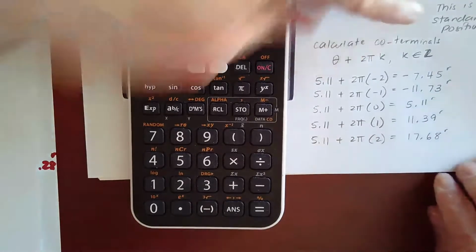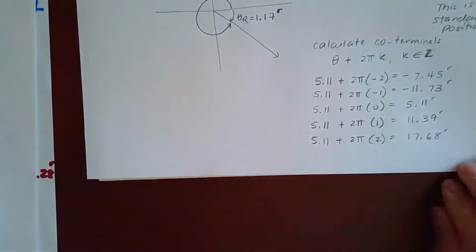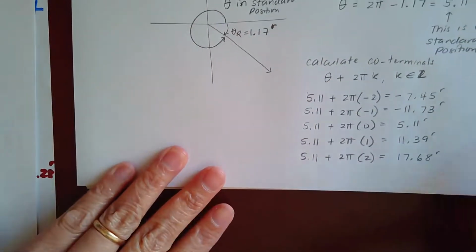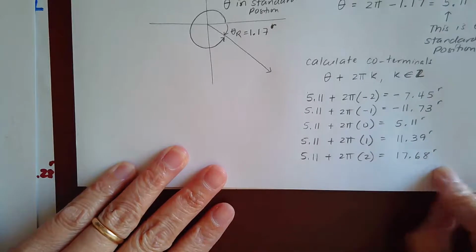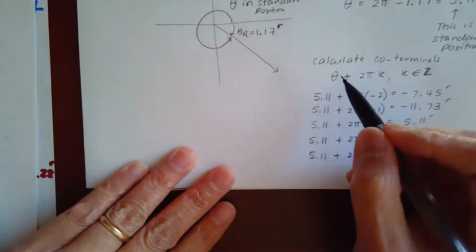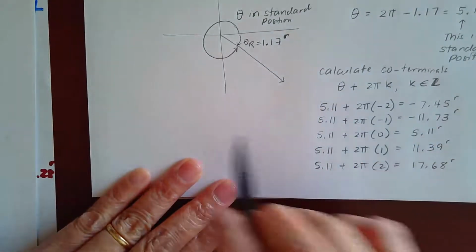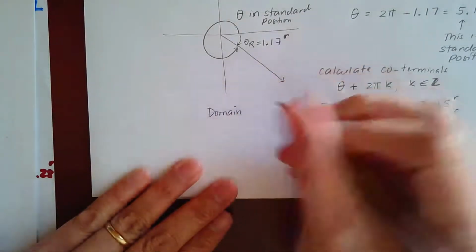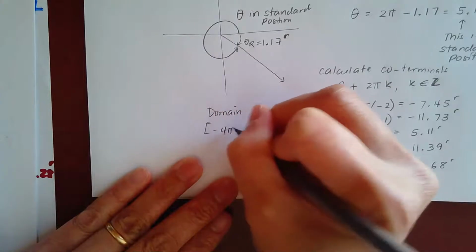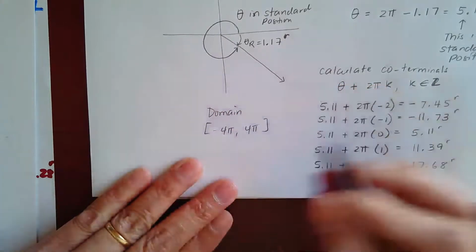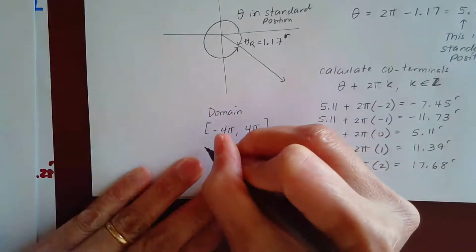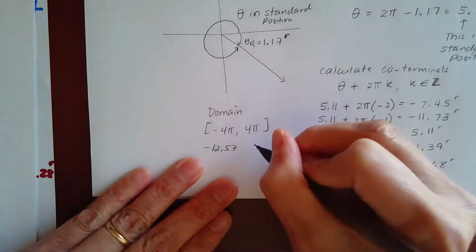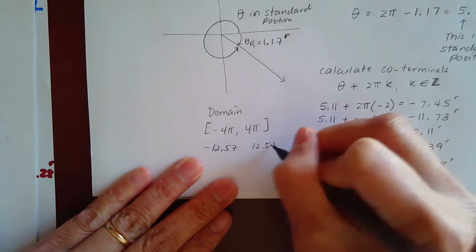Okay, so these are the ones that I've calculated that are coterminals. There's a limit though. Our limit is from negative 4 pi to positive 4 pi, so the domain is from negative 4 pi to positive 4 pi. And we said that negative 4 pi is approximately negative 12.57 and positive 4 pi is positive 12.57.